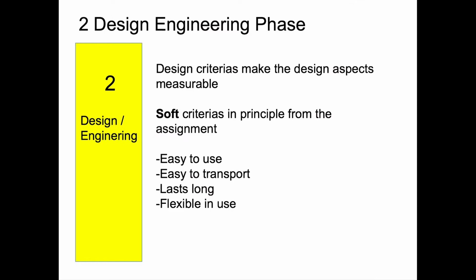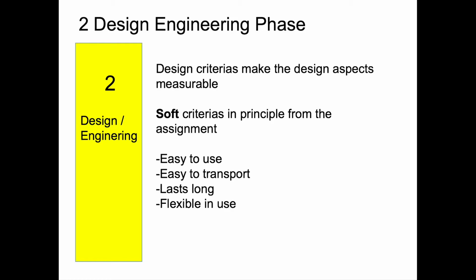So therefore, we would like to ask you to think about the design criteria that make these designs measurable. We can separate them into two different kinds. First, we have the soft criteria that describe the principles. This could be easy to use, easy to transport, lasts long, or flexible in use.